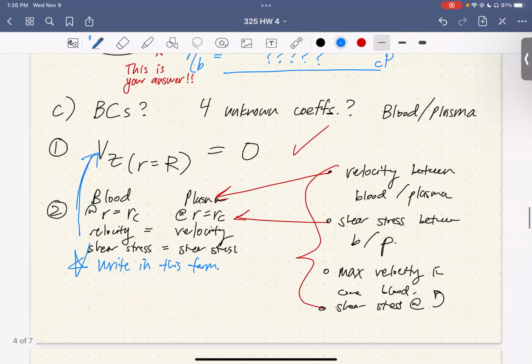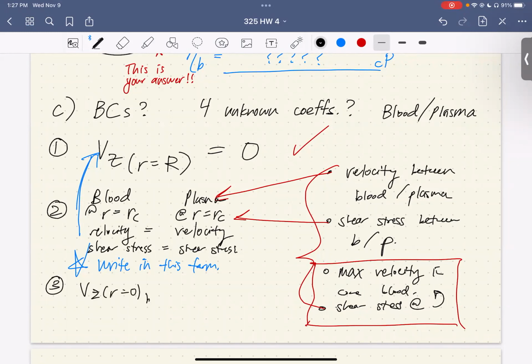And then for our third last one to relate these two, essentially we know that we can't really determine the values of these terms themselves, but we can write that they are a finite number, not infinite. So you can write something like the velocity in the z direction at r equals 0 for the blood.